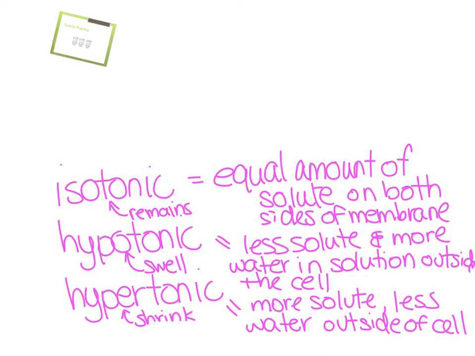I have a question. What does hypo mean? Hypo means greater than. So if you're hypothyroid, I was thinking like hypothermic, that means that you have a fever. Hypo is greater than, hyper is less than.